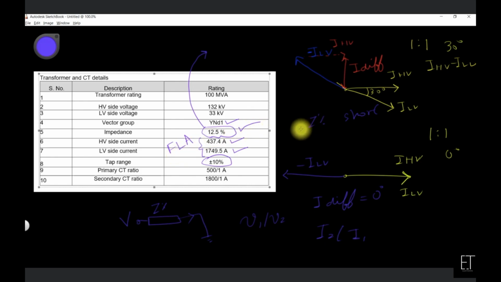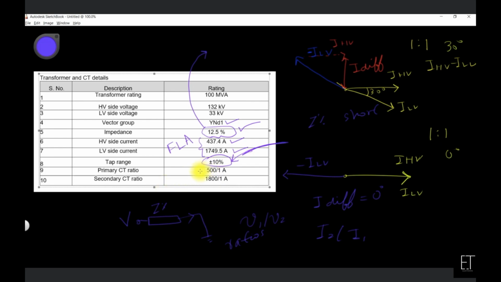So even if you put a factor in the setting calculations for HV to LV, there will still be an error, and this error will be introduced by the tap changing, because the ratio will not remain uniform. At different taps the ratio will be different. We will see how to compensate for the tap change ratio in our setting calculations as well.